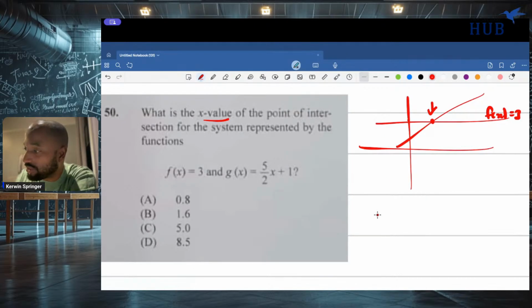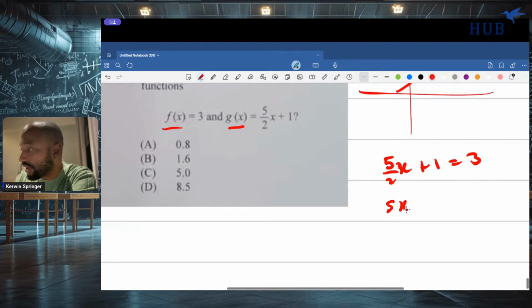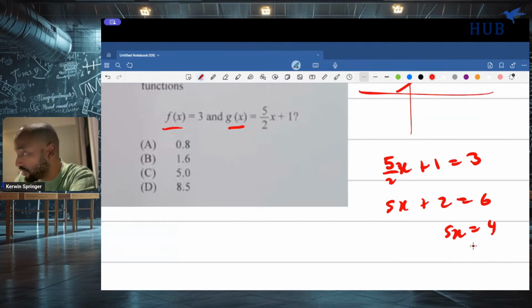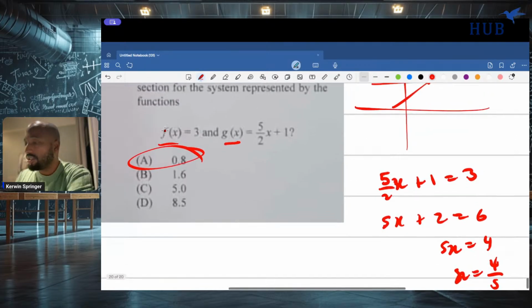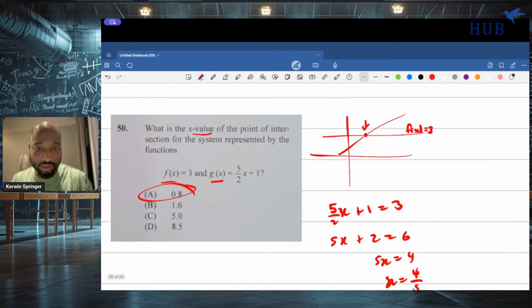So 5 over 2 x plus 1 is equal to 3. If we multiply by 2, this is 5x plus 2 is equal to 6. 5x is equal to 6 minus 2 is 4. x is equal to 4 over 5, which is 0.8. So 0.8 is the answer.